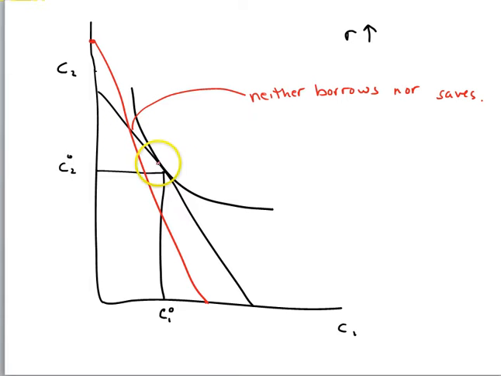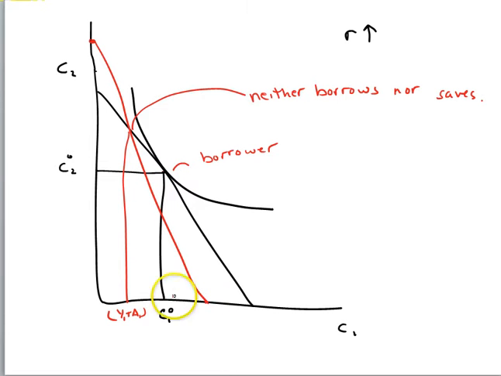So that means this particular consumer, who's in equilibrium at C1 naught, has to be a borrower, because this point is Y1 plus A1. So here we have a borrower, and we can look at what's going to happen to this borrower as their interest rates go up.